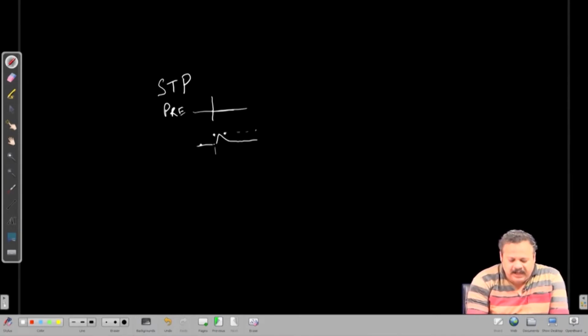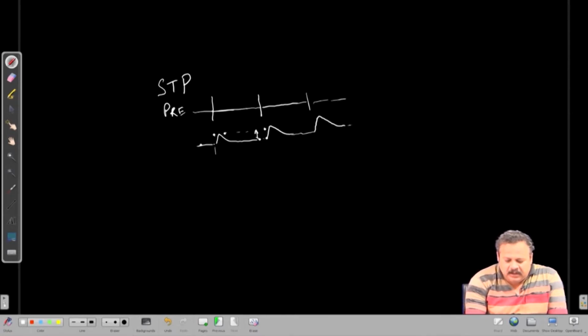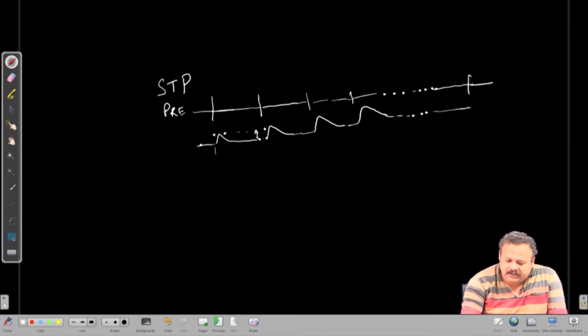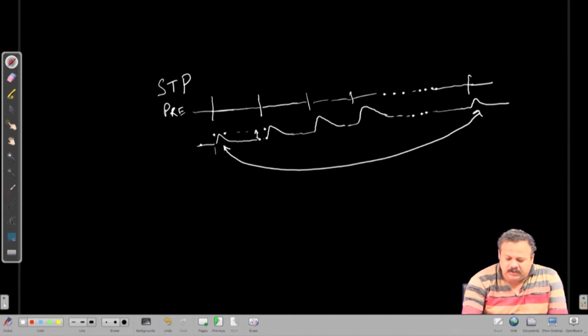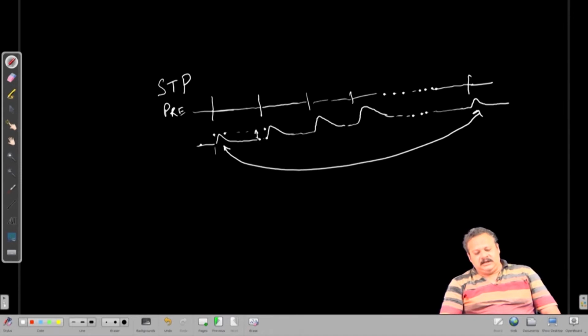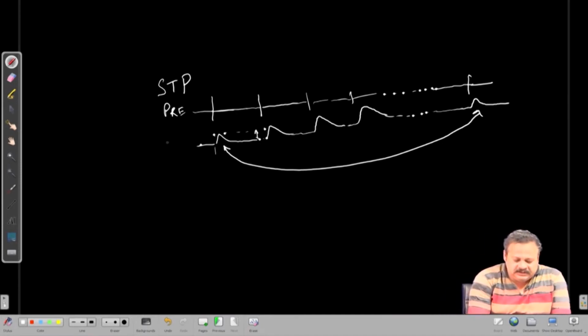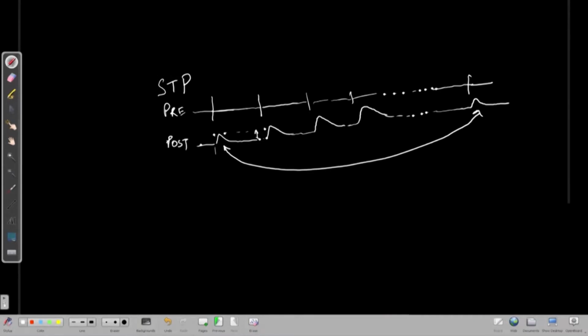Let us say this is height of A, and the manipulation is producing another spike presynaptically, let us say within 50 milliseconds, and we see that the synaptic strength increases, and then with another spike we see that the synaptic strength increases further, and another spike we see increasing further, and later on if we allow the system to remain undisturbed and measure the synaptic strength again, we get back our original synaptic strength, where this particular EPSP is going to be the same as the last EPSP we are seeing, and hence regaining the original synaptic strength, that is by measuring the postsynaptic potential.